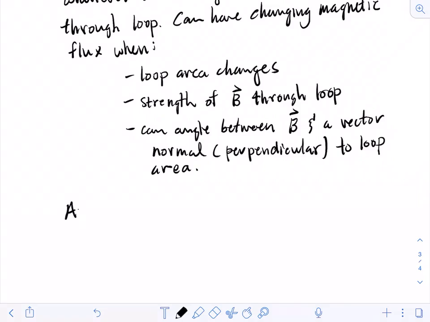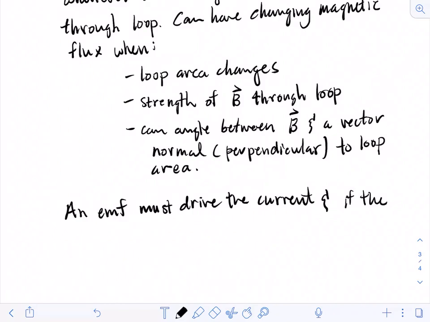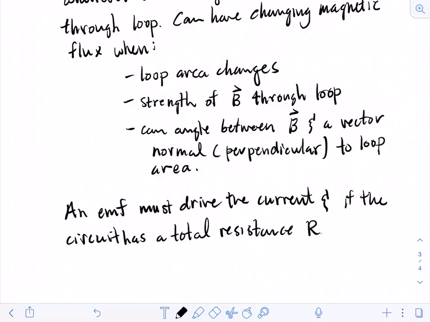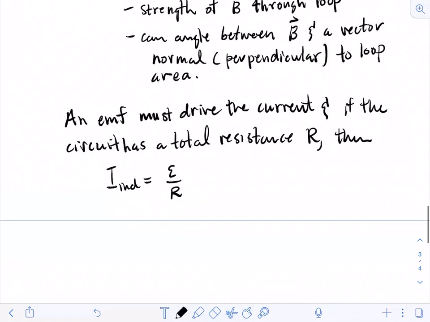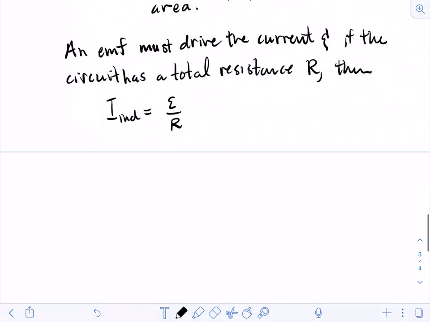So an EMF must drive the induced current, and if the circuit has a total resistance R, then I induced is equal to whatever that induced EMF is divided by the resistance of the circuit.